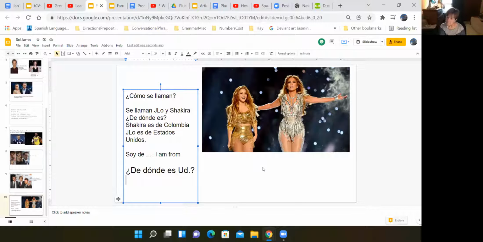No will be in front of the verb, which is son. No son pobres. No son pobres. Okay. We're going to look at two more examples, dos ejemplos más, and we'll come back to this next week.